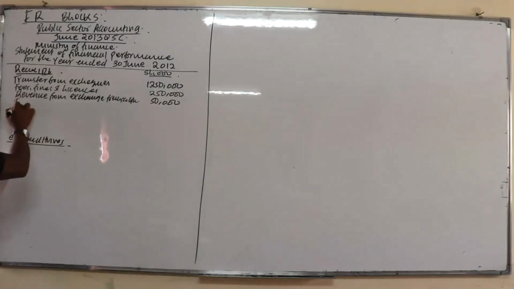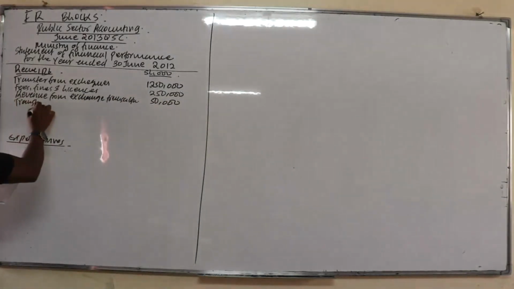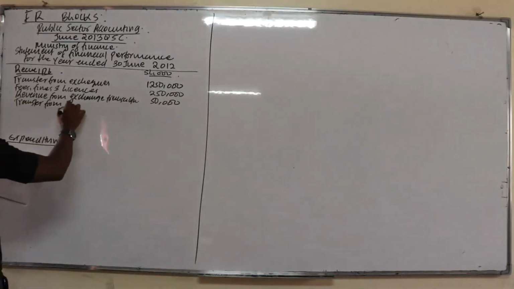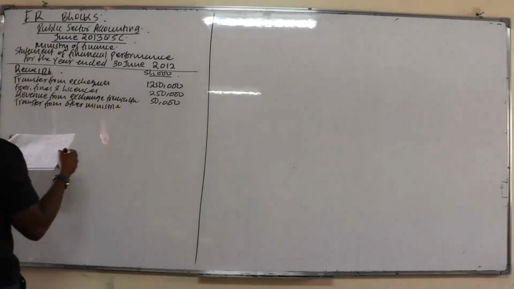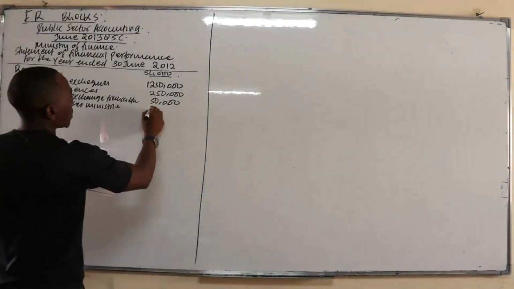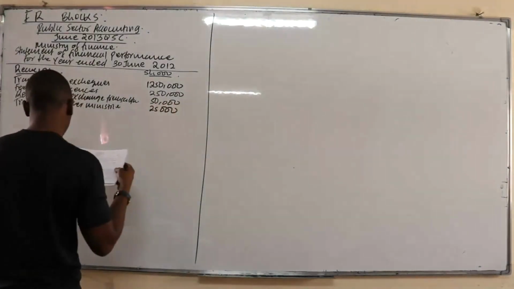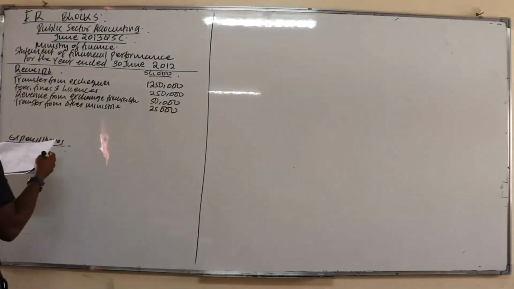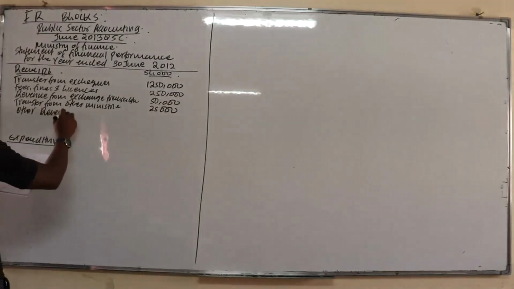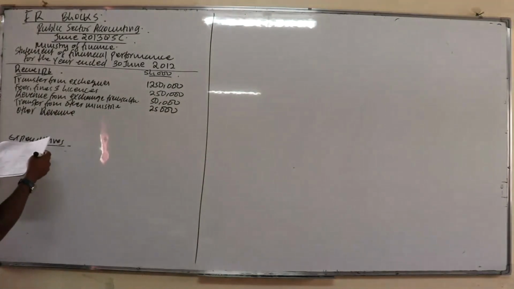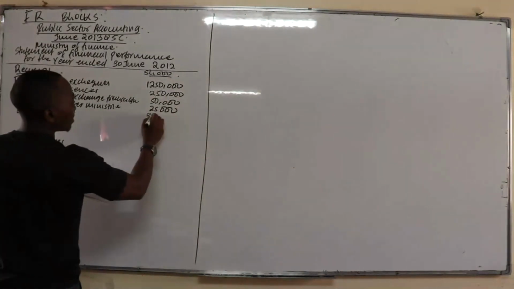Transfer from other ministries, 25,000. Then we have other revenue. For other revenue, it's an amount of 300,000.